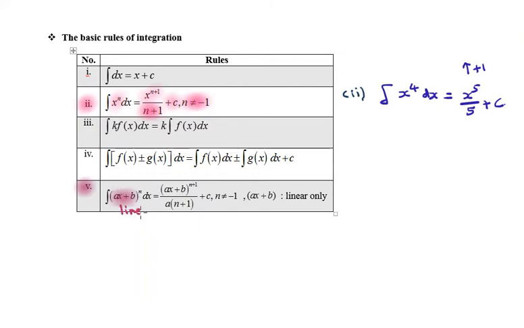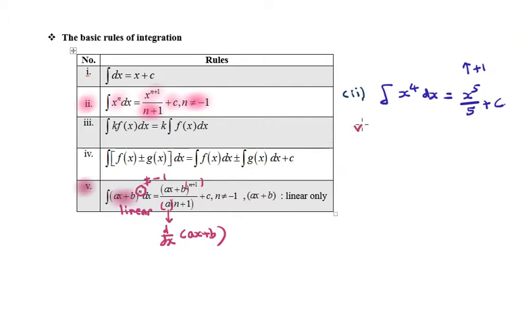Actually, rule 2 is the same as the fifth rule. Integrate of a linear function. I would like to highlight here, this function must be linear, and then n never equals -1.